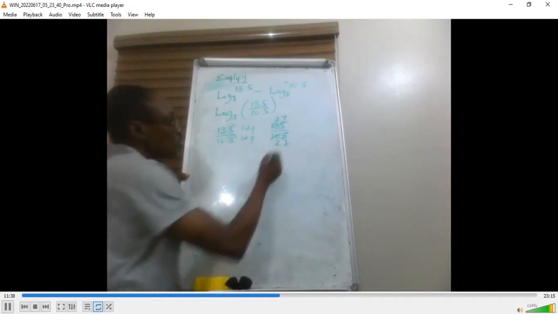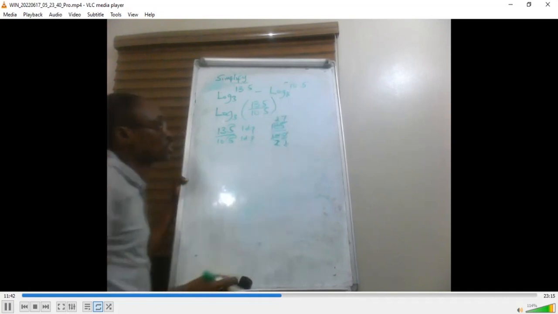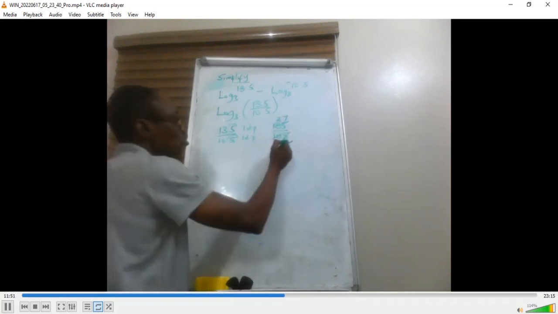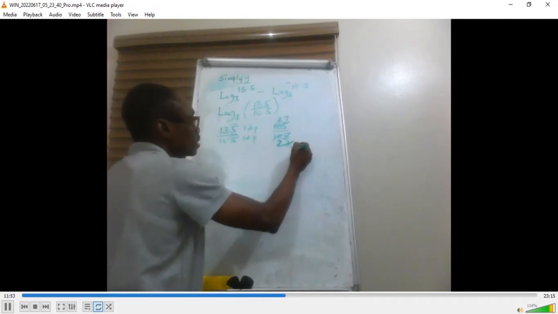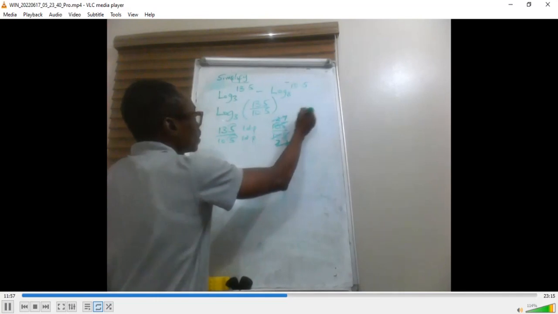Okay. So right now, what do we have? We have 21, we have 27. 3 can go in 21 and 3 can also go in 27. So 3 in 21 is 7. 3 in 27 is 9.